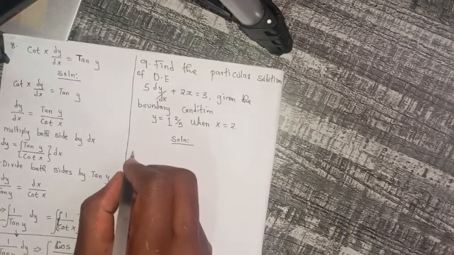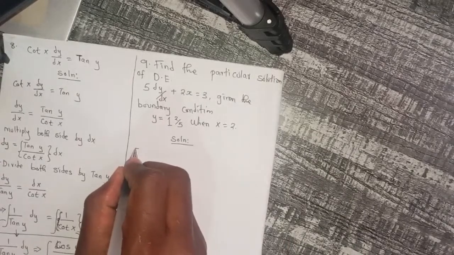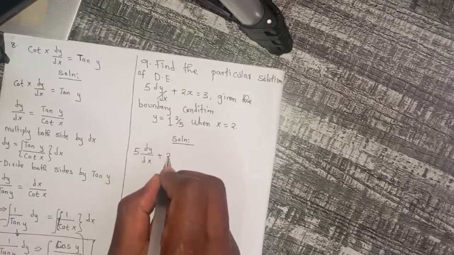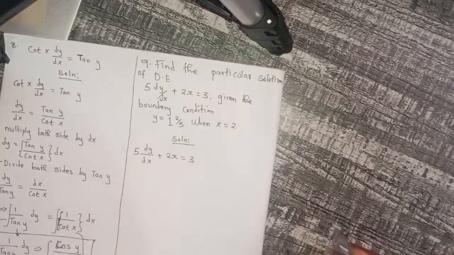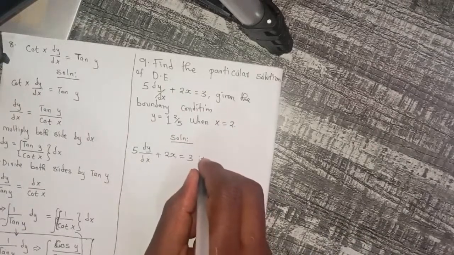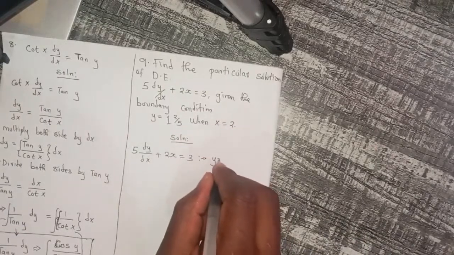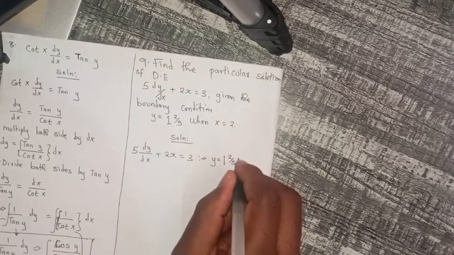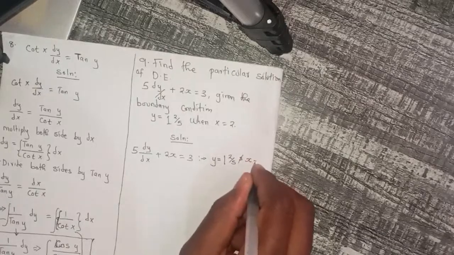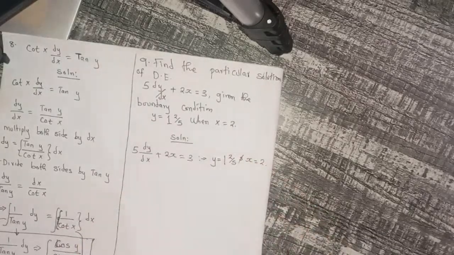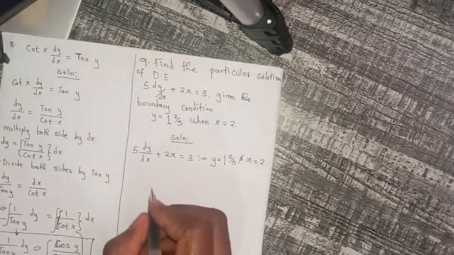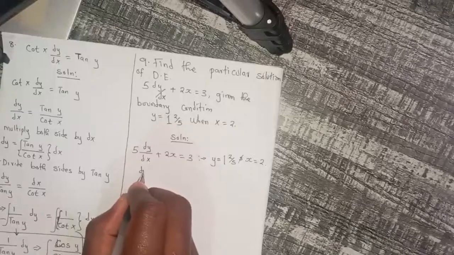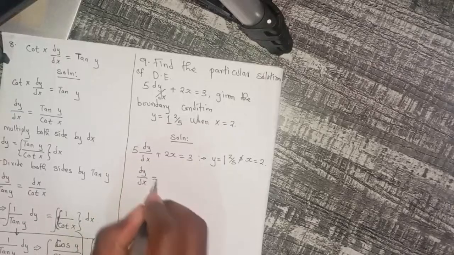So let's work it out. We have 5 dy over dx plus 2x equals 3, and we have our boundary conditions at y equals 1 2 over 5 and x equals 2. So first you divide all through by 5.